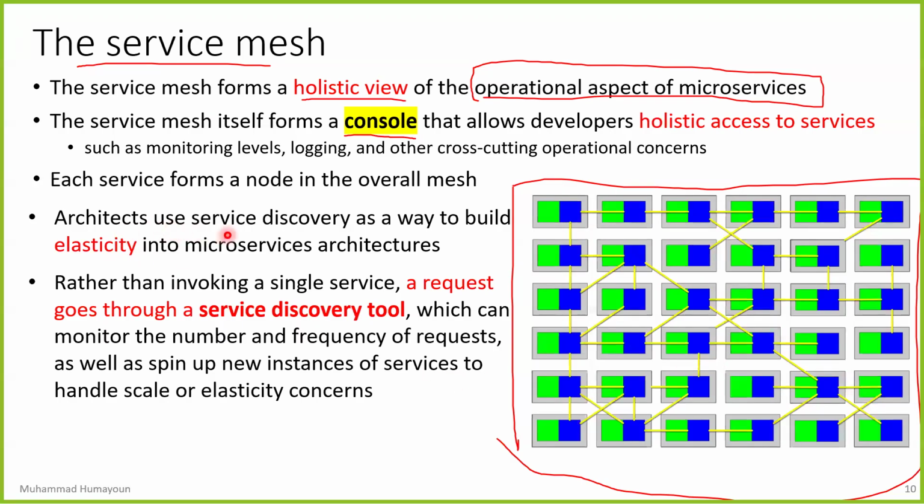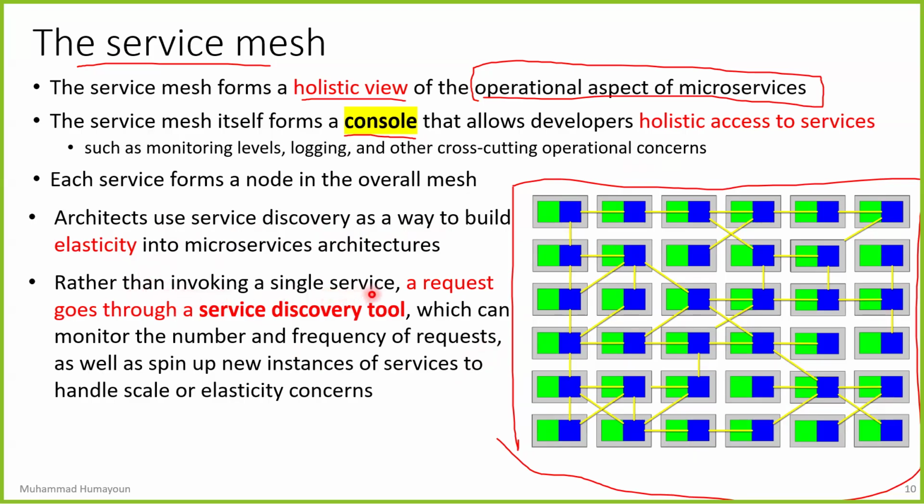Architects use service discovery as a way to build elasticity. When you are looking at this console, you can see what kind of services are under pressure, and then you can introduce more compute to those services.